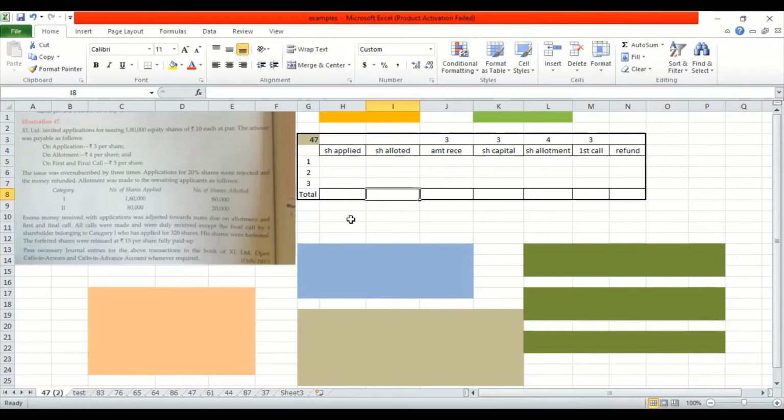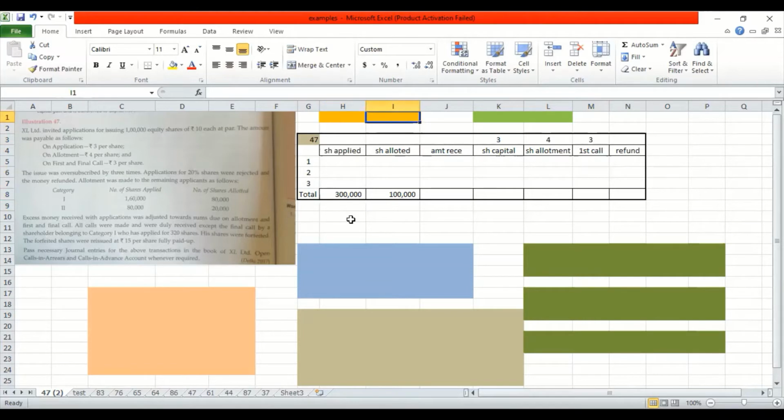If there is 1 lakh share, I will simply write here 1 lakh, and 3 times is 3 lakh. This is the first thing I will write on the table. Also, I have a practice of writing the application amount of 3 over here, allotment 4 over here, and 3 over here. So it becomes 10 rupees, the nominal value.